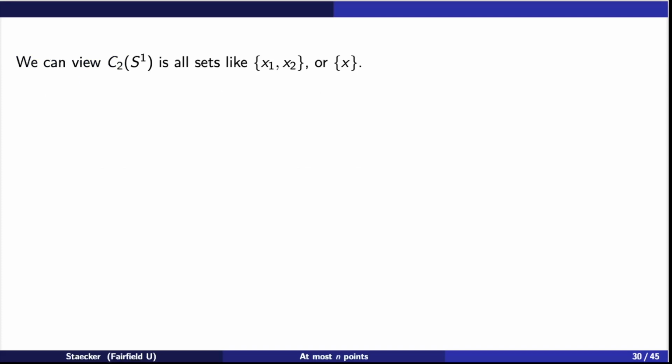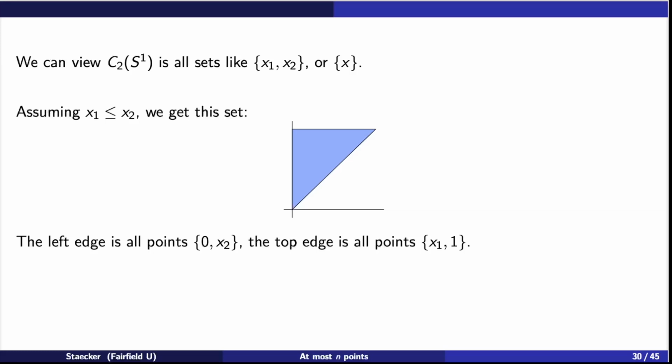We can build this as a simplicial complex fairly easily. It would be all sets, let's just look at C2 first, of either 2 different points or just 1 point in the circle. And we can draw that as a simplicial complex like this. This is all 2 points. Let's just assume the first one is less than the second one. You get this triangle.